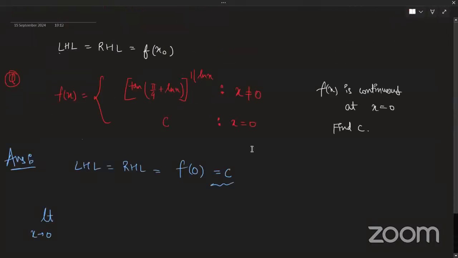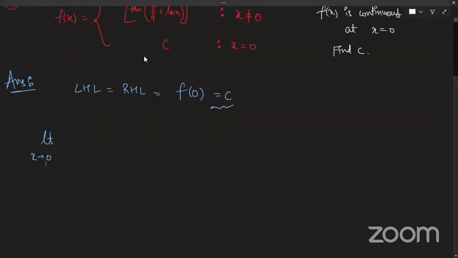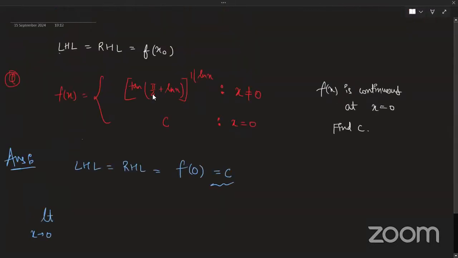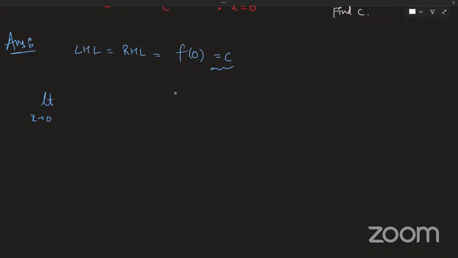If x is tending to 0, is x equal to 0 or not? If x is tending to 0, x is not equal to 0, so it will follow this function, tan of pi by 4 plus ln x, raised to 1 by ln x.